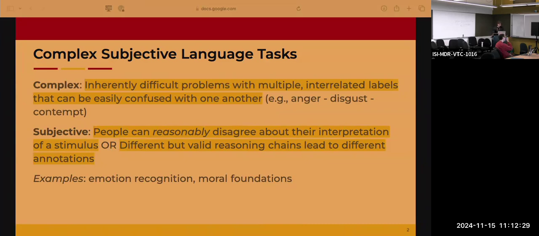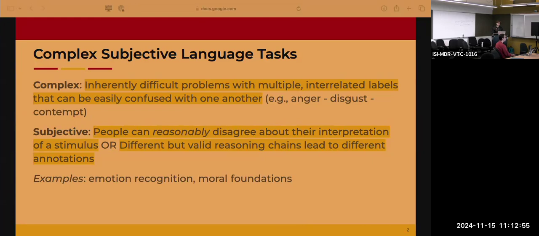And with subjective, I mean settings where people can reasonably disagree about the interpretation of a stimulus. In this case, it is a language document, or a different definition could be that we have different yet valid reasoning chains that lead to different yet valid, again, annotations. As an example here, I would like to mention, for example, Euclidean and non-Euclidean geometries.